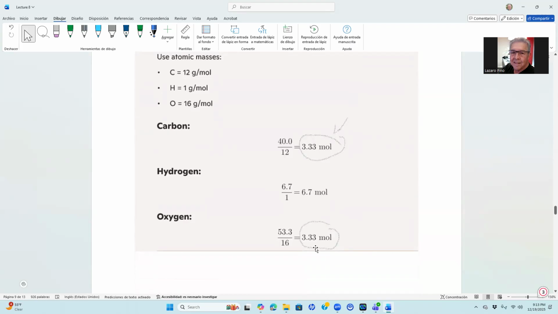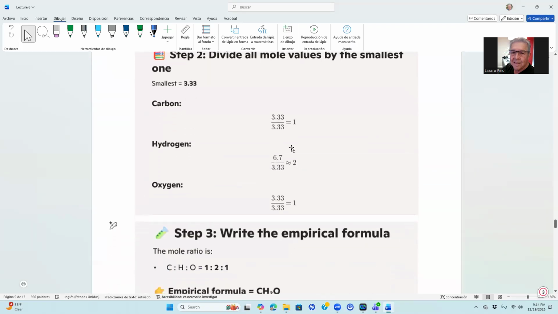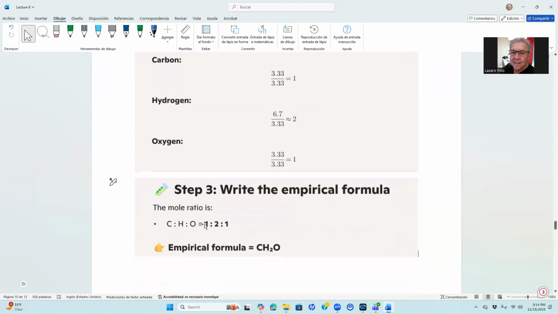In this case, the smallest is the same one for oxygen as for carbon. Sometimes it's only one, the smallest. And then what you have to do, divide all the results by the smallest. And you get what? Ratios. And these ratios are the coefficients in the empirical formula.